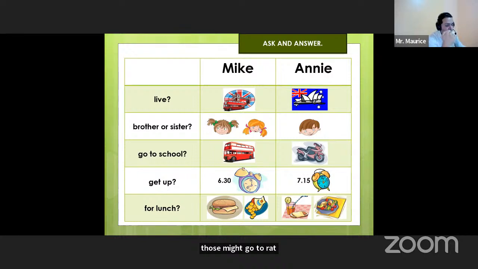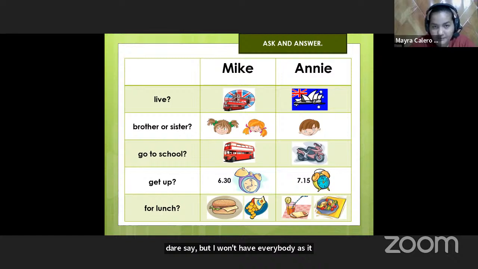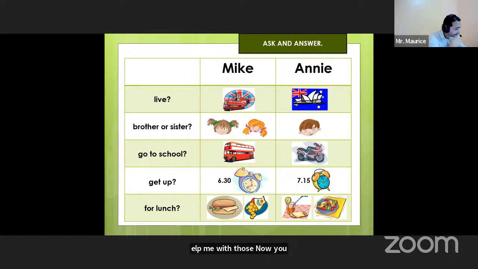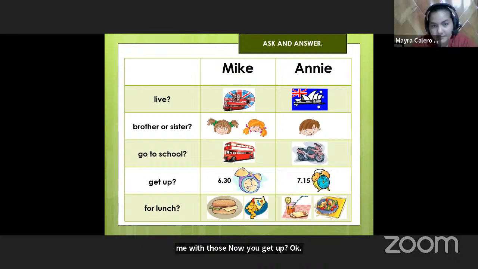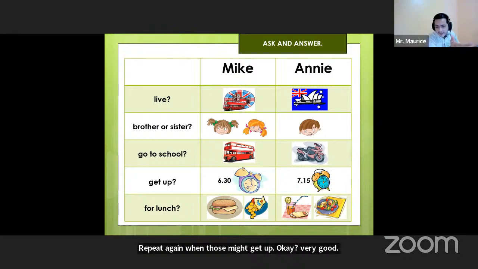Get up, please. Another volunteer for get up. The question should ask at what time or when Mike gets up. Who can help me? When does Mike get up? Okay, repeat again. When does Mike get up? Okay, very good. You see, when does Mike get up?